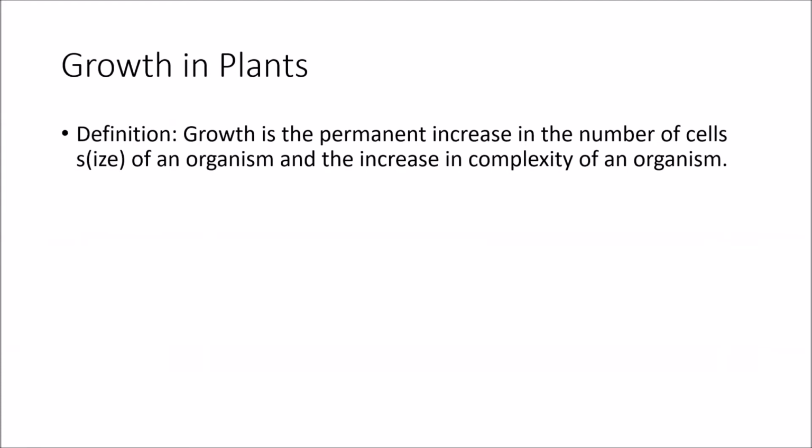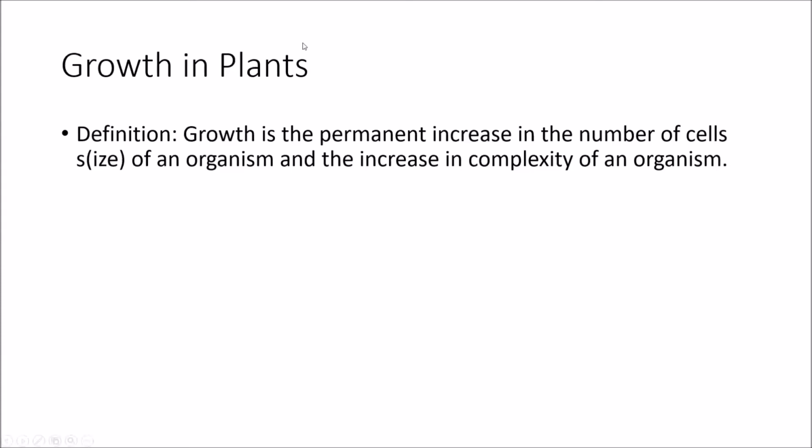Okay, so now we're going to talk about the growth that takes place in plants. I'll start off with a definition. Growth is the permanent increase in the number of cells, or you could say the size of an organism. And growth is also the increase in complexity of an organism.